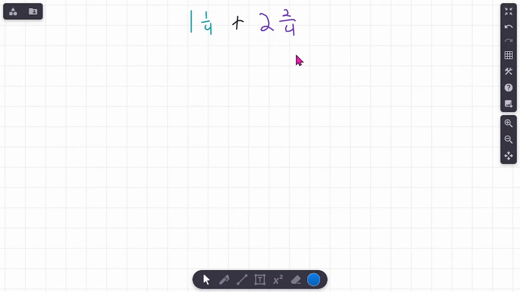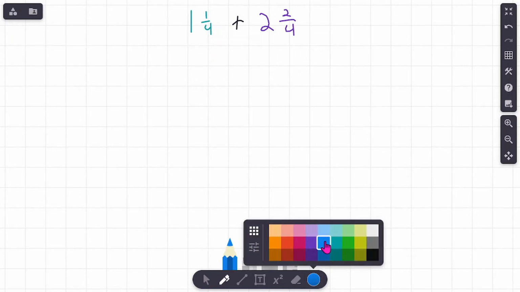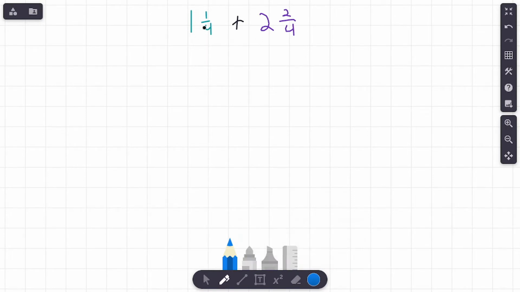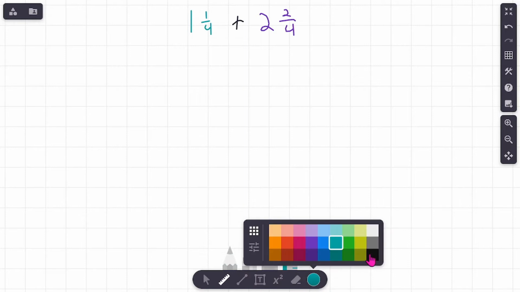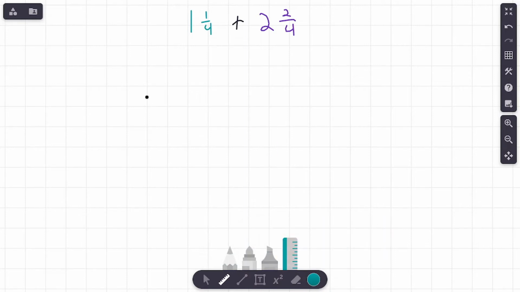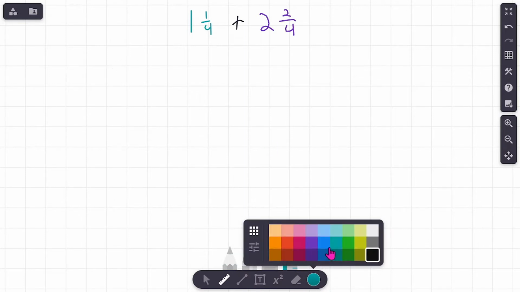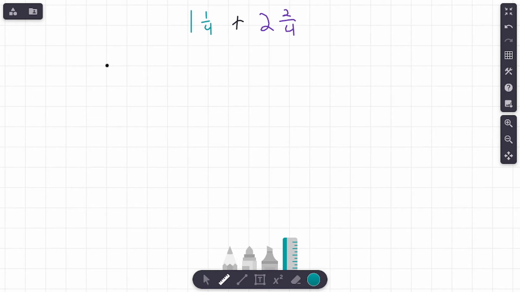All right, so first things first, this is what I want us to do. I want us to draw, this looks like a teal color, a model for this mixed number 1 1/4. Let me get this drawn on the screen. I am going to keep it the teal color so that it stands out.